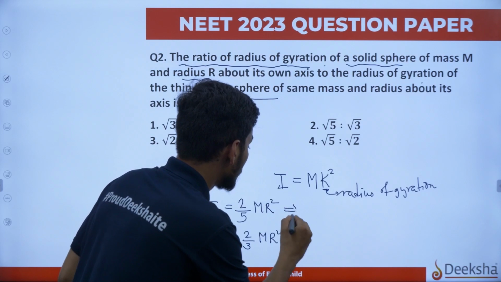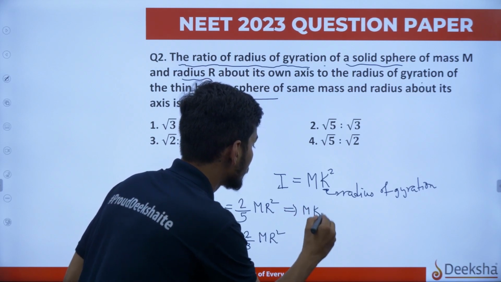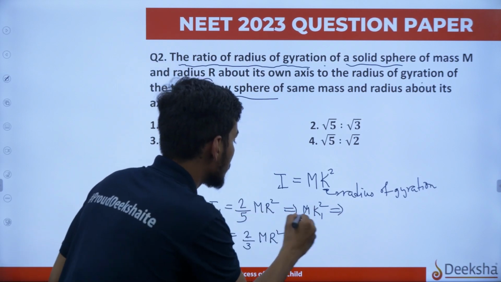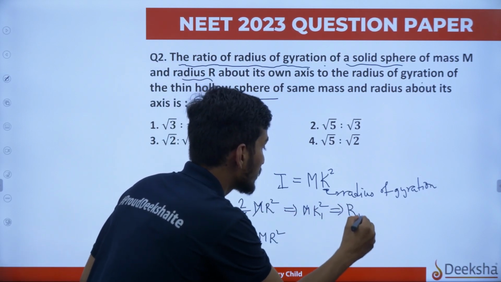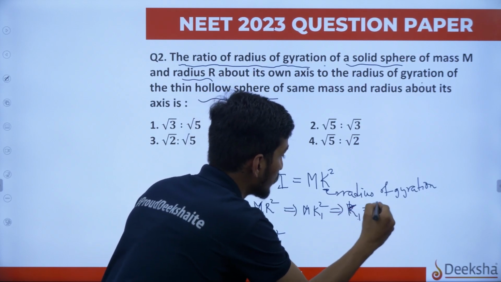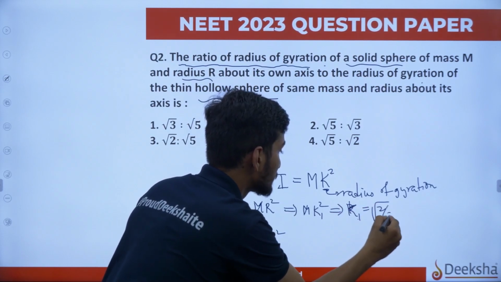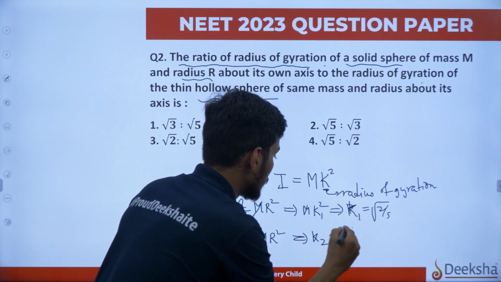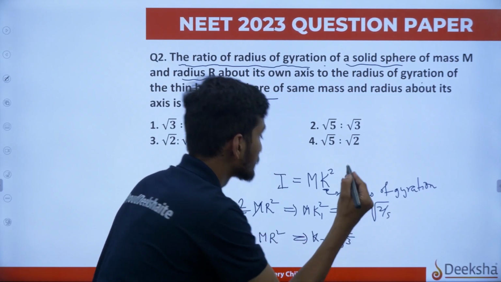From here, if I equate this to m k square, things cancel out, and the radius of gyration k1 comes out to be root of 2 by 5, and similarly k2 comes out to be root of 2 by 3.